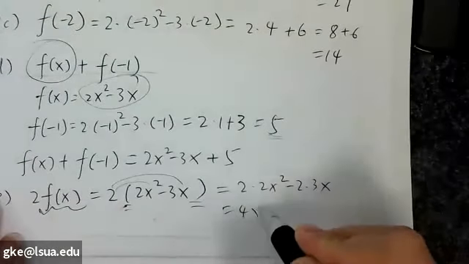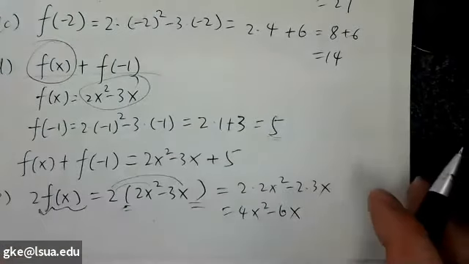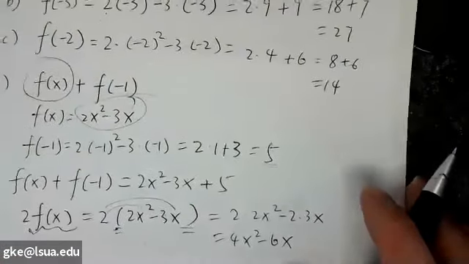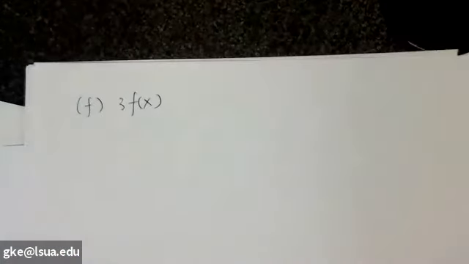So 4x squared minus 6x. That's it. And now I'm gonna give you guys an example, let you guys finish it. 3f(x). Try this one by yourself.